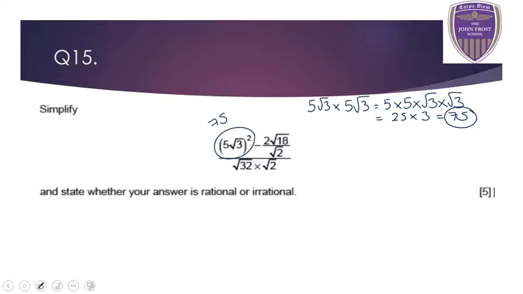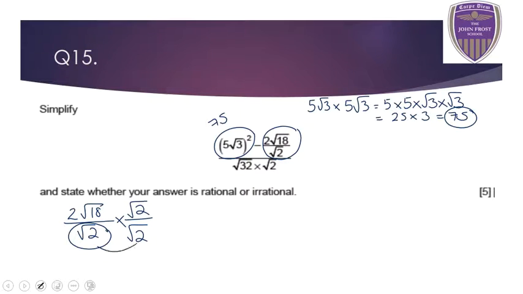I'm now going to work out this term here. Okay, now 2 root 18 divided by root 2. Now, to get rid of the surd in the denominator, you have to rationalise it. And what that means is times everything by root 2, the top and the bottom. And the reason you do that is because these will give you 2.